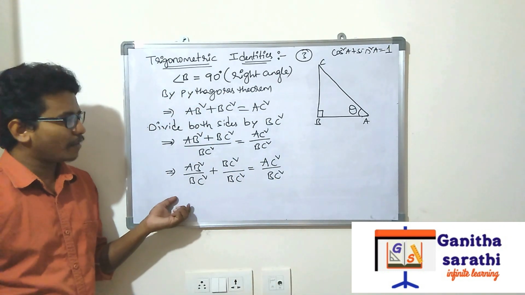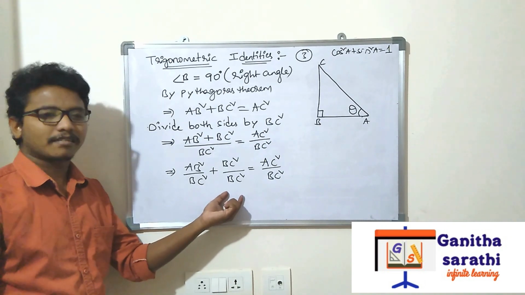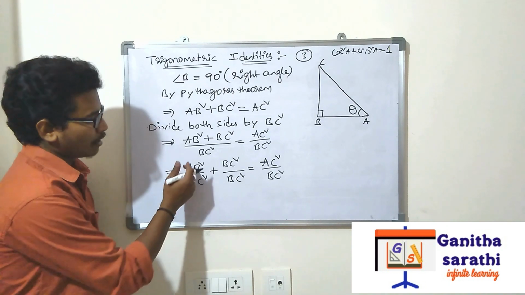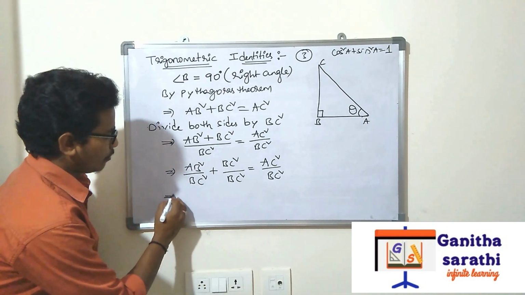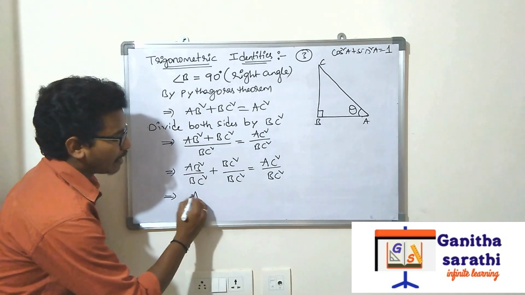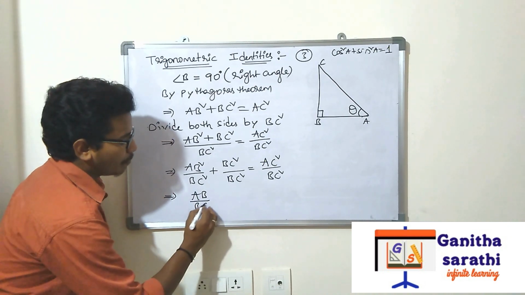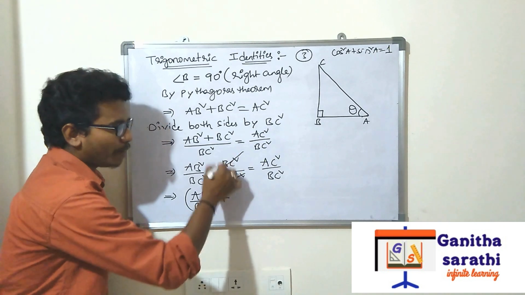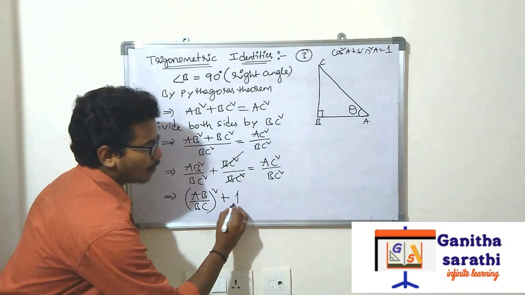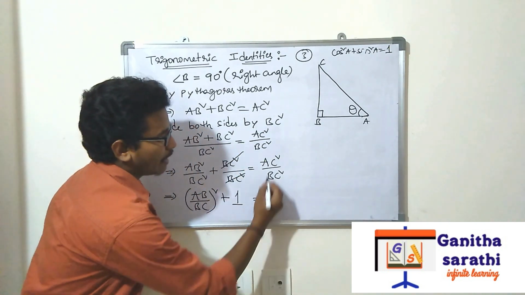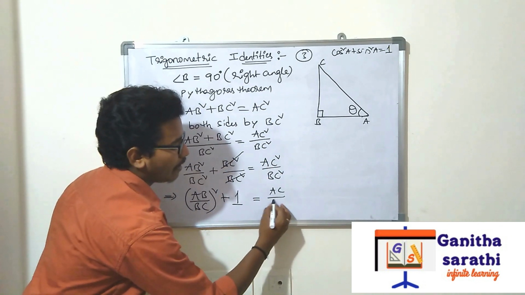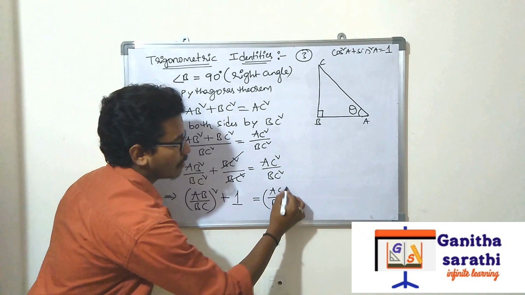So AB square by BC square you can write as AB by BC whole square, plus you can cancel BC square and BC square. So here what it will be? 1. And here AC square by BC square means AC by BC whole square.